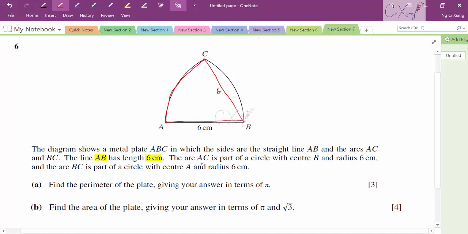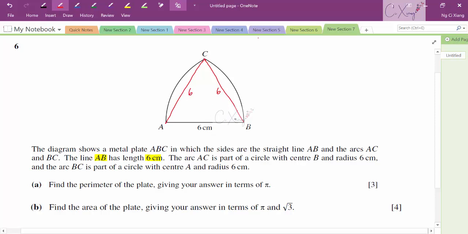Then they also tell us, besides the arc AC, that the arc BC is also a part of the circle with center A and the radius is 6 cm. So from this sentence, we also know that the line AC is 6. Okay, so I try to draw a straight line AC, and this is also 6.